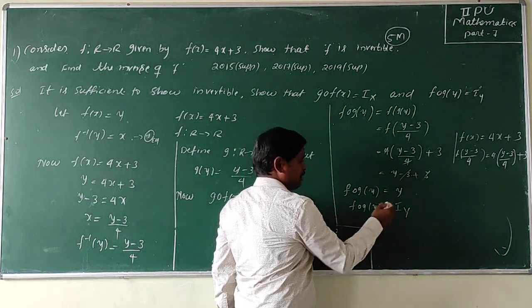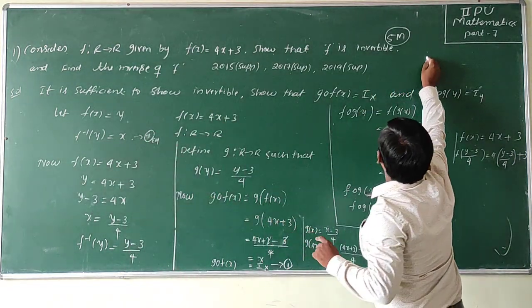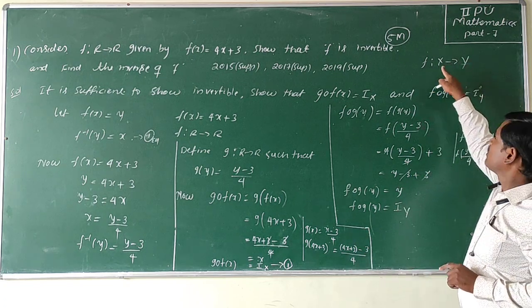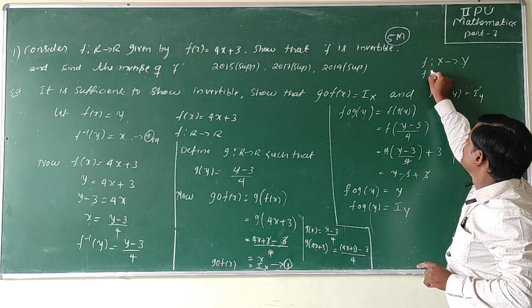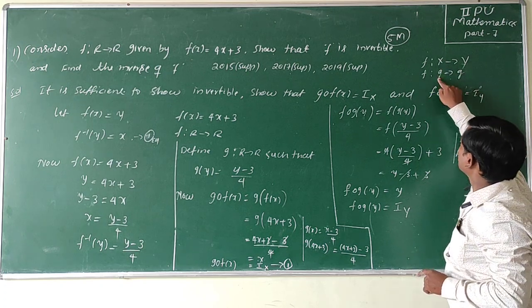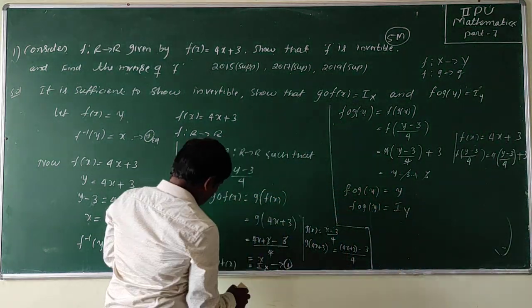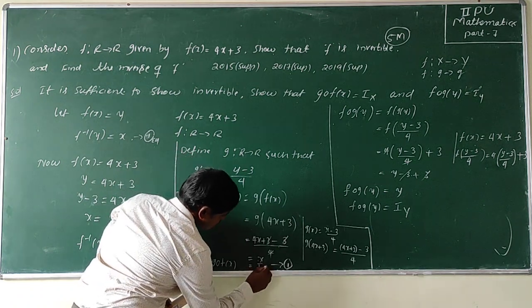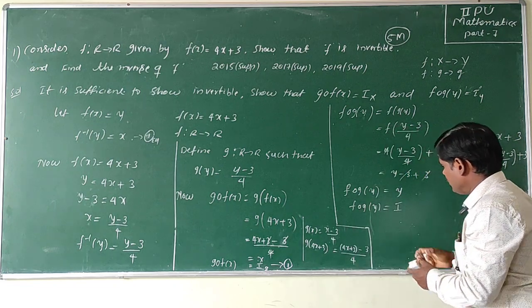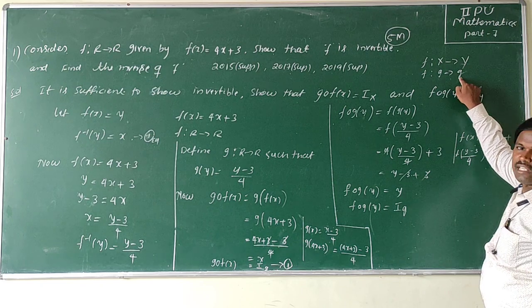Here, instead of taking x and y, we are taking f as varying from g to g, so we are taking g itself. The identity element of x is equal to g.